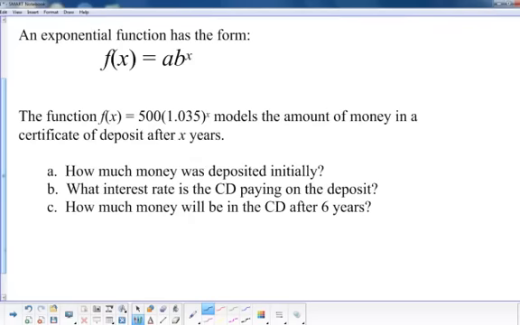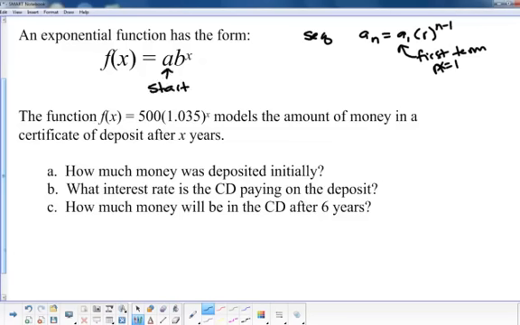To write an exponential equation, we have what we just had, which is a sequence, where you have a sub n equals a sub 1 times r to the n minus 1. This is the first term. So that's when x equals 1, or I should say n equals 1. A basic exponential equation is the same thing, except this is the starting amount.